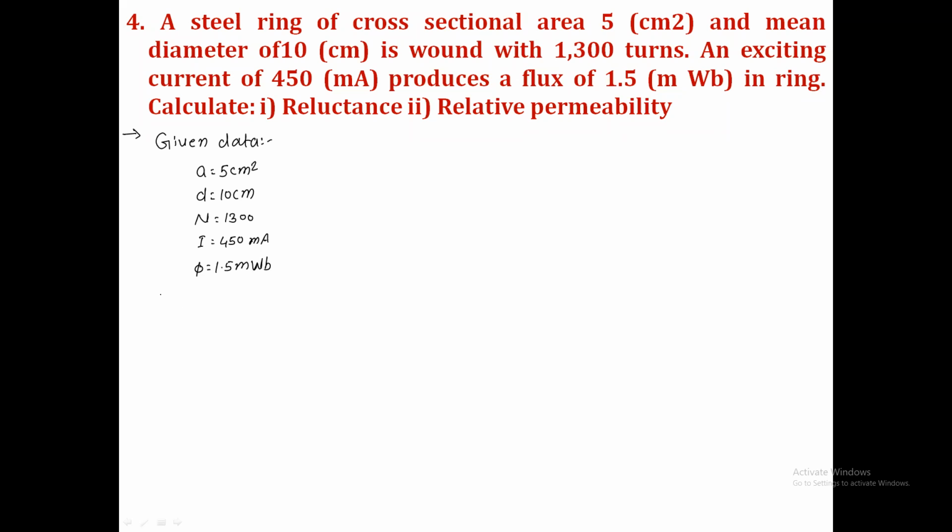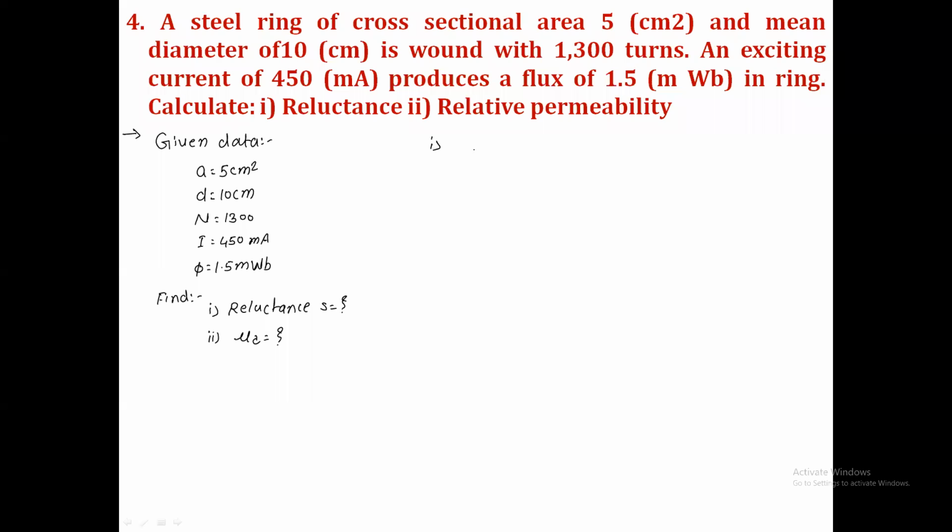So what we have to find out? You have to calculate, number one, the reluctance, which is denoted by the letter S, and second, the relative permeability, that is nothing but mu r.